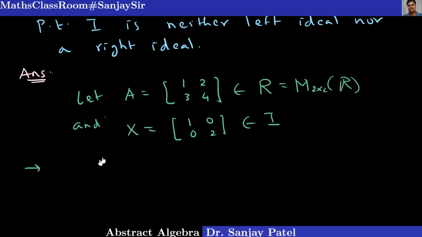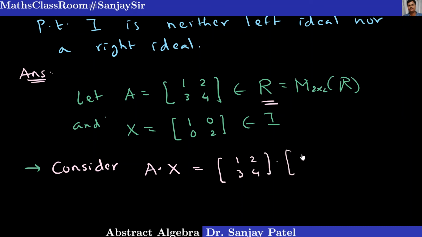So first, what I will do here is consider, say, A into X. Remember that this A, which is the element of the ring R, is multiplied on the left hand side of this dot. So A into X means [1, 2; 3, 4] into, say, [1, 0; 0, 2].